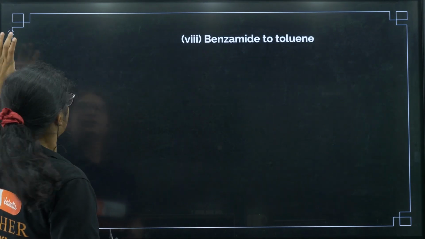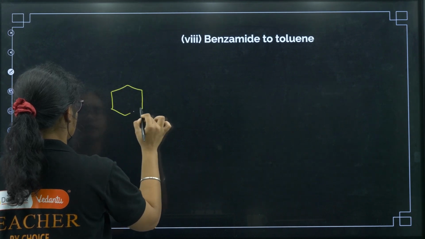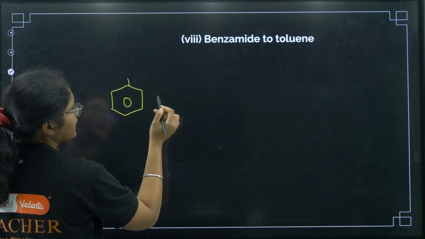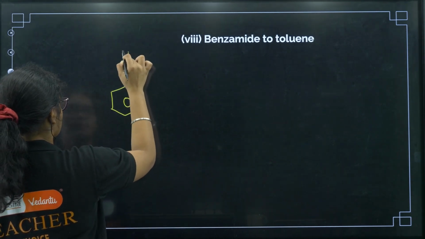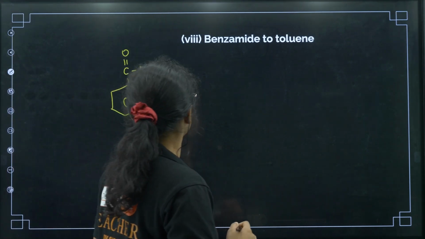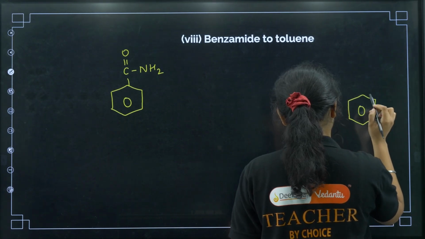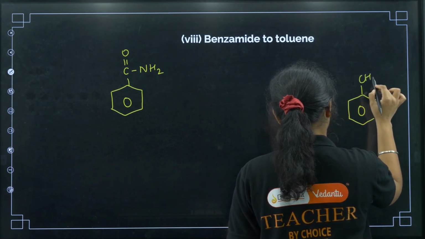Okay, next is benzamide to toluene. So you have benzamide, right, that means CONH2. Benzamide to toluene.